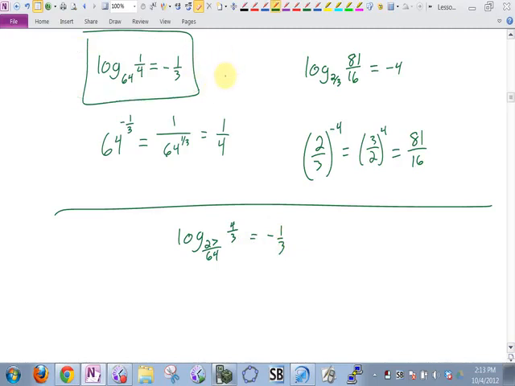So the first thing is, is there anything I can do to 27 to make 4? No, but I can cube root it to get 3. And hey, if I cube root 64, I get 4. So the thing is, those are backwards, so it has to be negative. So it's a negative cube root. So it's all about what do I do to this to create that. Okay? So problems like this on tomorrow's quiz, no calculator at all whatsoever.